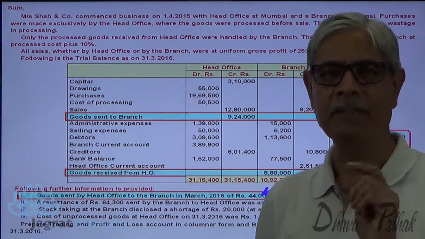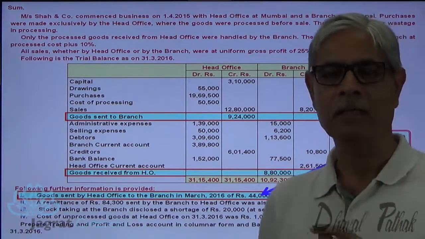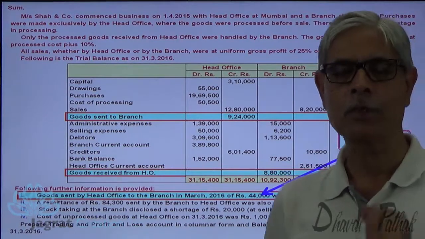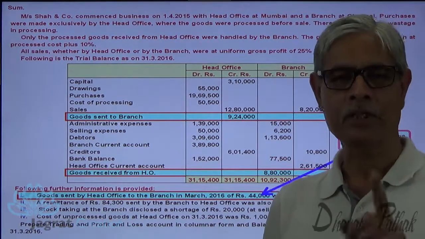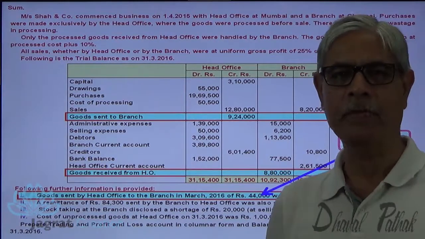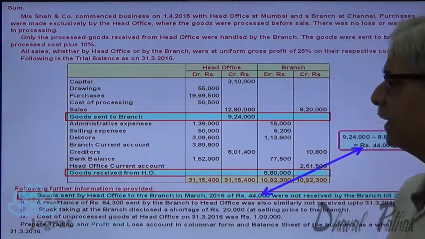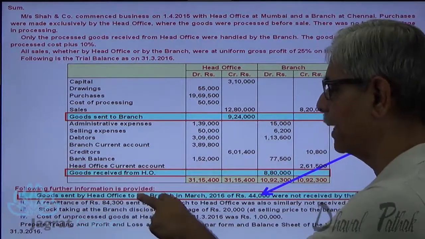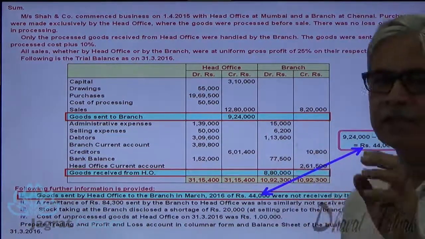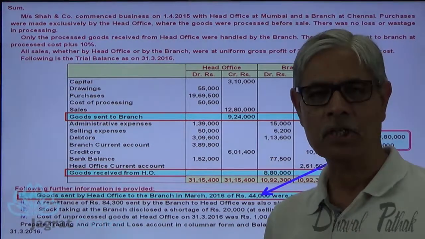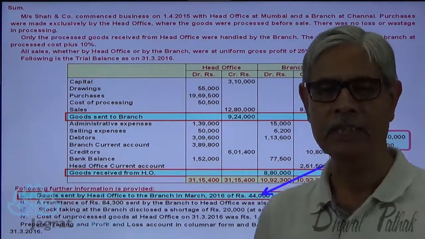The principle given for this matter as per the study material published by Institute of Chartered Accountants, the adjustment entry has to be recorded at the receiving end. Here the receiving end is, goods are sent by head office and received by branch. So branch will record the adjustment entry for goods in transit.